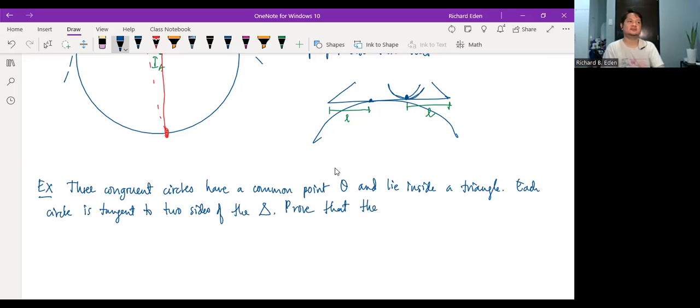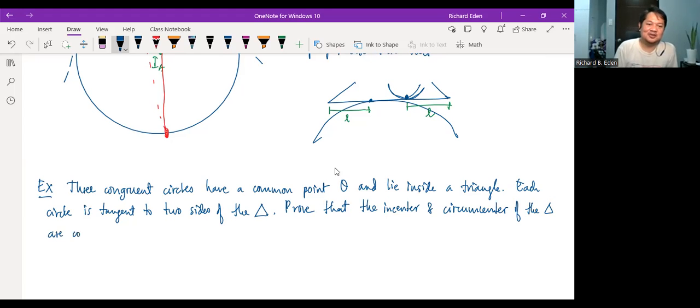Prove that the incenter and circumcenter of the triangle are collinear with point O.